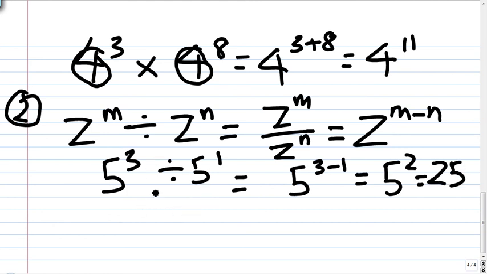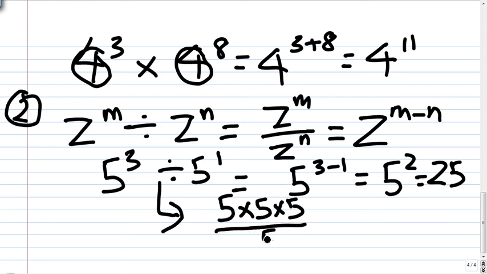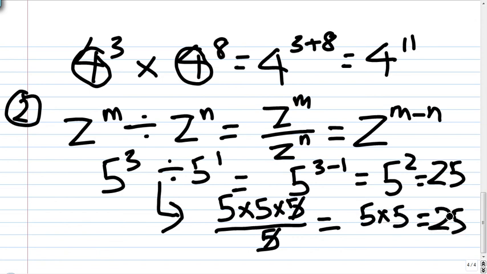Now let me do it another way so that you might understand. 5 to the power 3 can be written as 5 times 5 times 5 over 5. According to the laws of algebra, you can cancel this out because they are similar factors, and then you get 5 times 5, which equals 25.